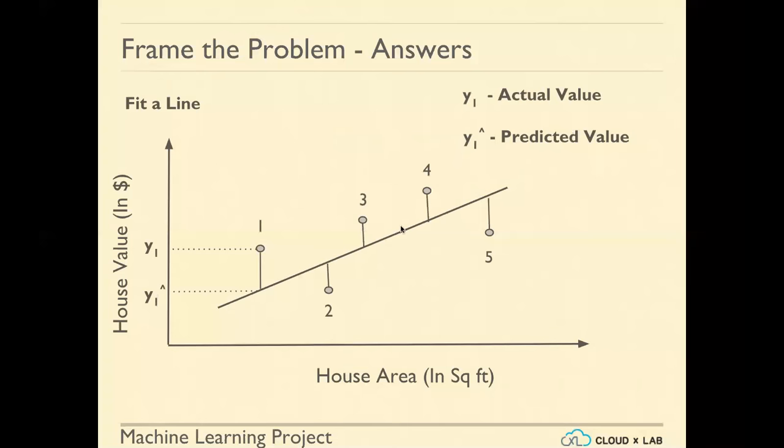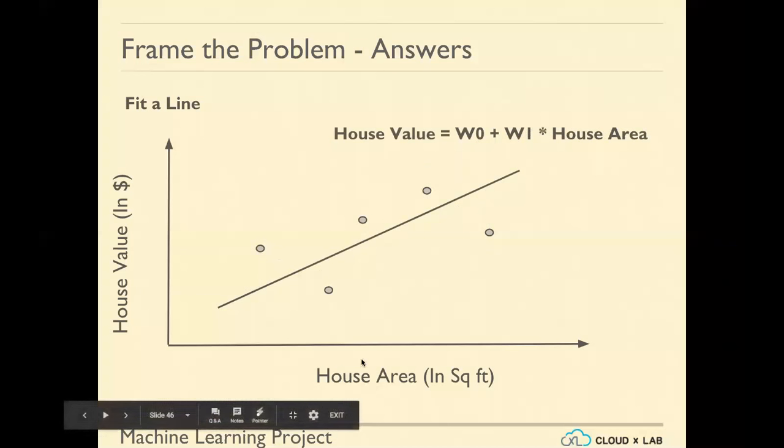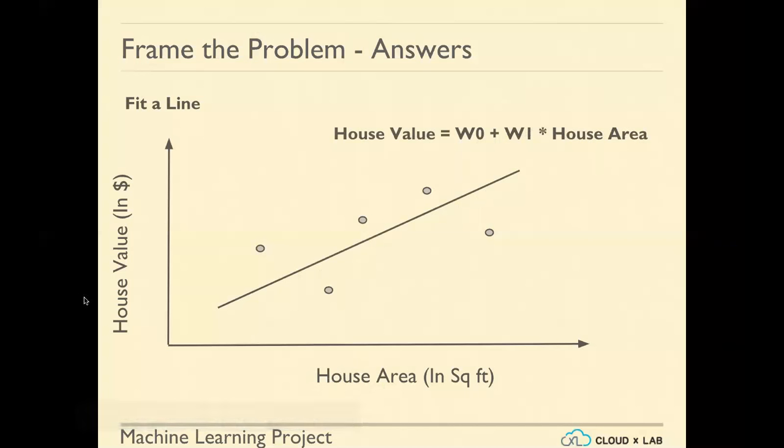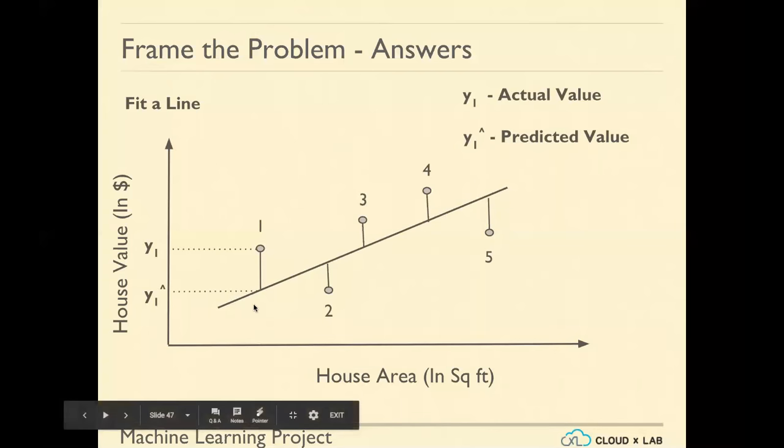These dots that you see are the instances, and we are using one feature called house area, and the target variable is the house value. Now, there is a difference between actual and predicted.